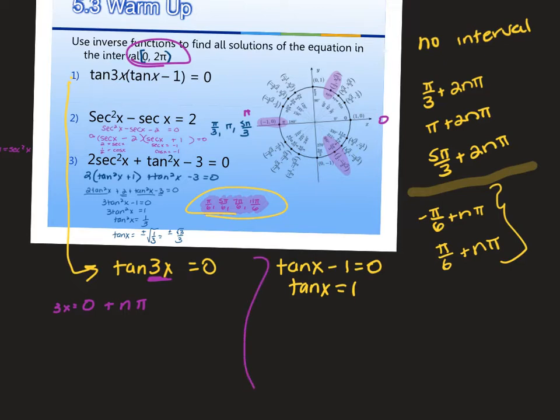If it says just tangent of x equals 1, then my answer here is pi over 4 and 5 pi over 4, and I'm done. But because this has a 3 next to it, and they divide the 3, it could happen more frequently than what's happening on my circle, which is why you have to account for the interval. Even though the answer is not going to have the interval in it, you have to account for it. Because I'll show you what's going to happen, right?